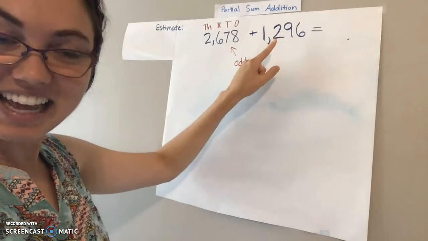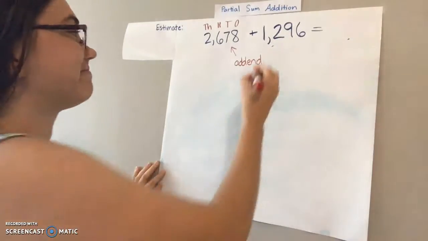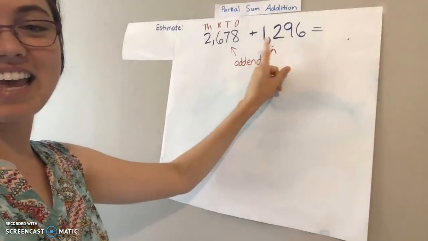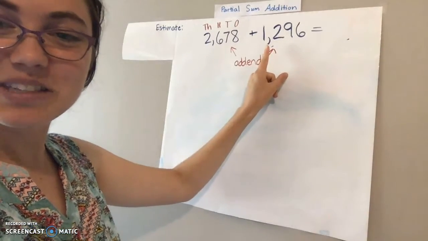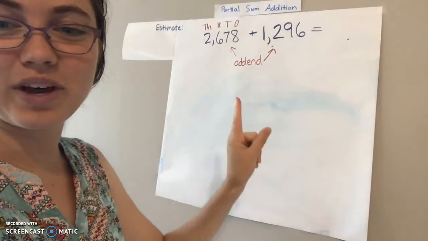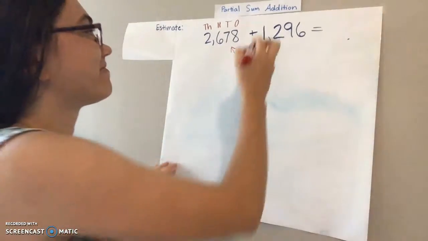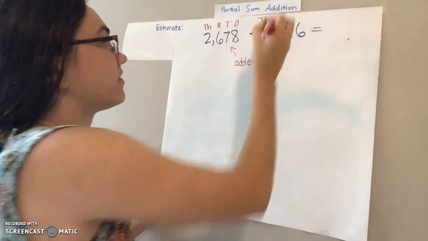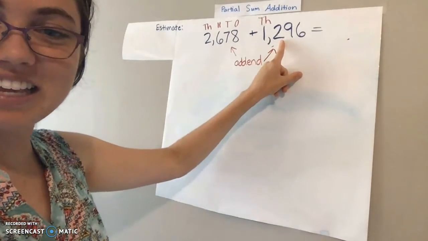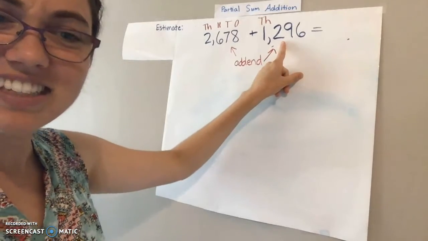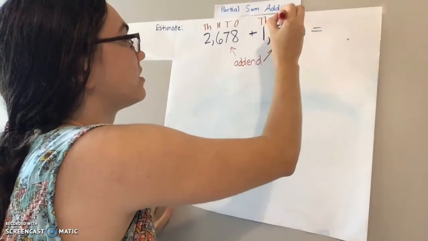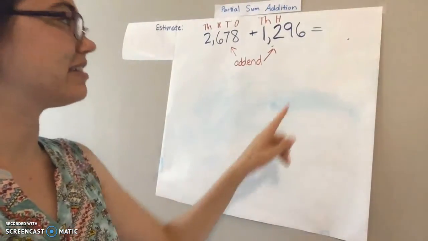Let's look at our second addend that we're going to be adding. Okay, here's our second addend. In our thousands place, we have a 1, which signifies 1,000. In our hundreds place, we have a 2, which means there are how many hundreds? 2 hundreds. H for hundreds.